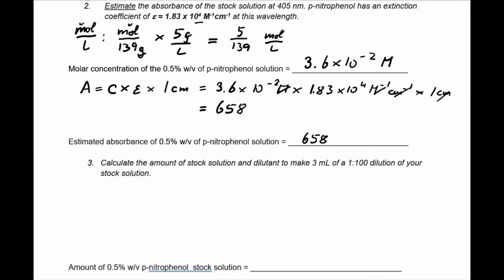So the total volume should be 3 milliliter, and we need to figure out how much of this stock solution do we need to get a 1 in 100 dilution, and the total volume should be 3 milliliters.